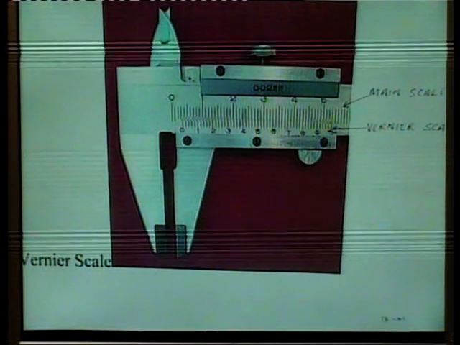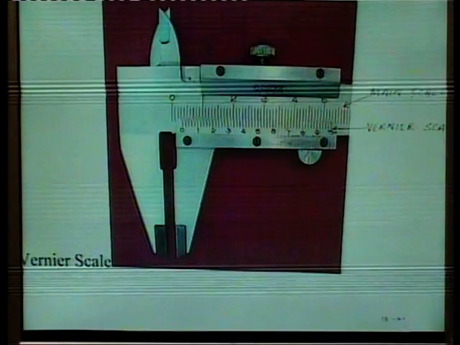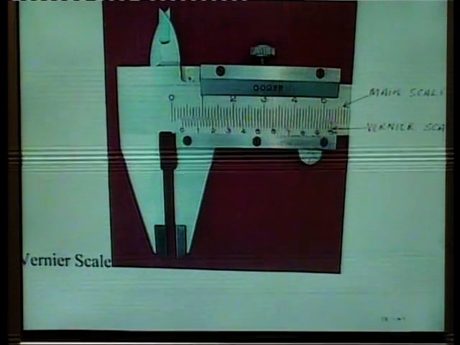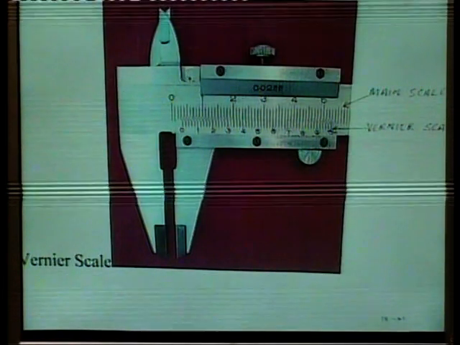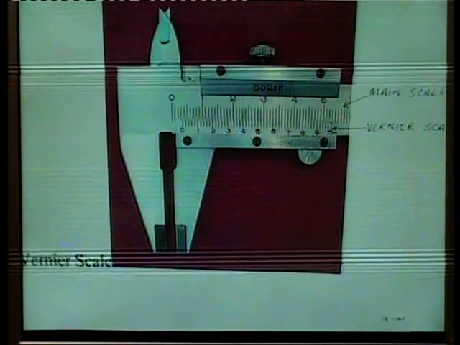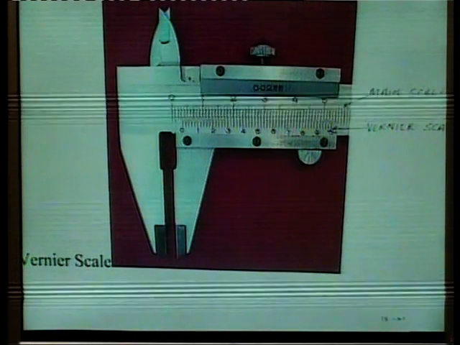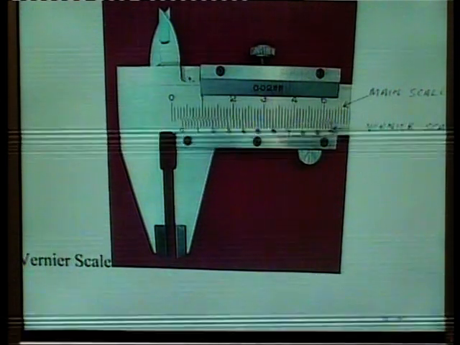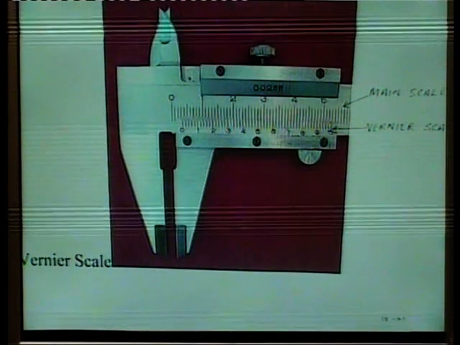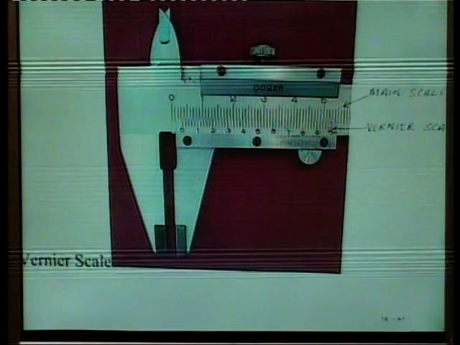So, if we discuss the procedure for taking the observations, first of all, study the main scale and vernier scale of the vernier caliper which is to be used. Calculate the value of one small division of the main scale, then count the number of divisions on the vernier scale.